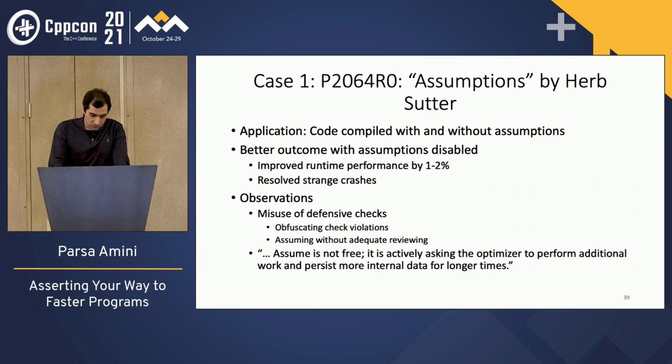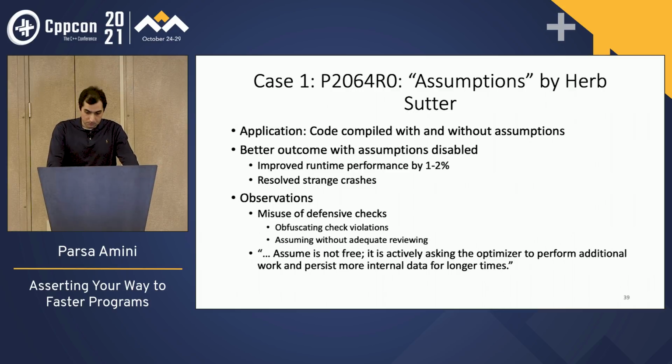Just briefly, I'll go through Herb's paper, the parts that I find interesting. Herb's paper mentions an application that had assumptions in it. And he also had an example code that I presented earlier that had the assert in it.